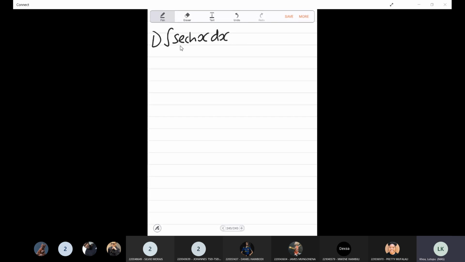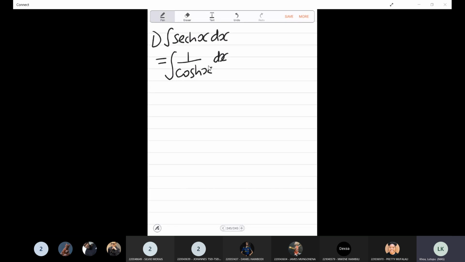Okay, so this one, one of the things that you could do is write it in terms of the hyperbolic cos, and doing that, this is the integral of 1 over the hyperbolic cos of x dx.